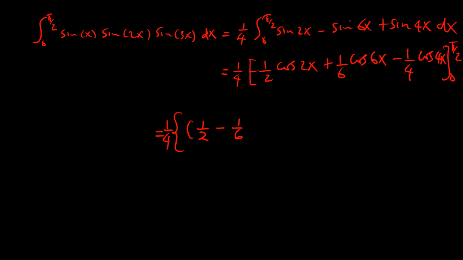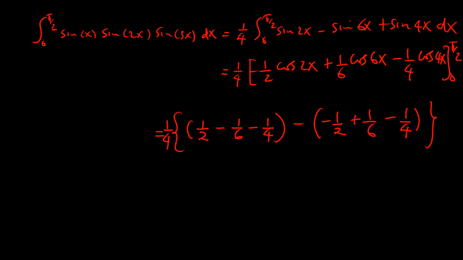This becomes 2 pi, and cosine of 2 pi is 1. So we are left with a quarter there. Minus, on the lower side, we have cosine of 0 here. So cosine of 0 is 1, so negative 1 remains. Cosine of 0 here is positive 1, so we have positive 1 over 6. Cosine of 0 here is 1, so we are left with negative a quarter here.